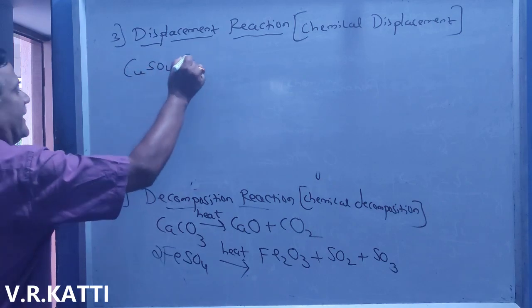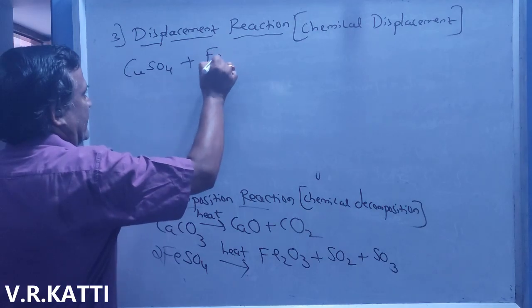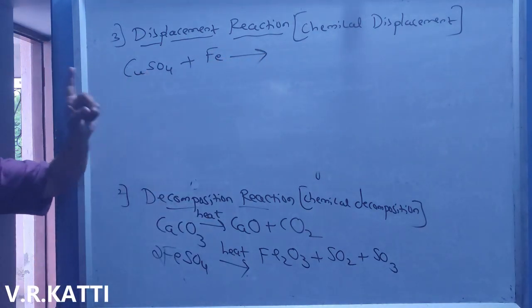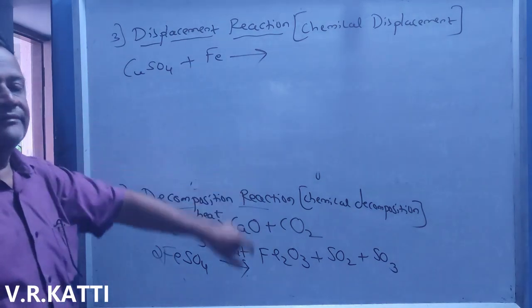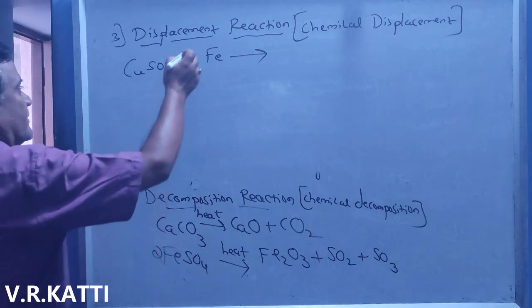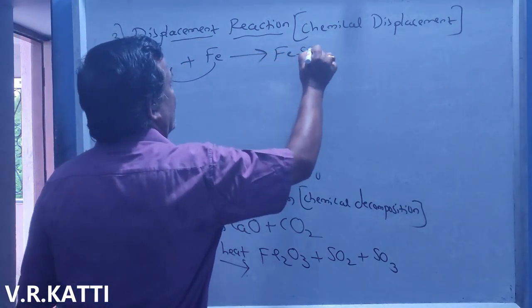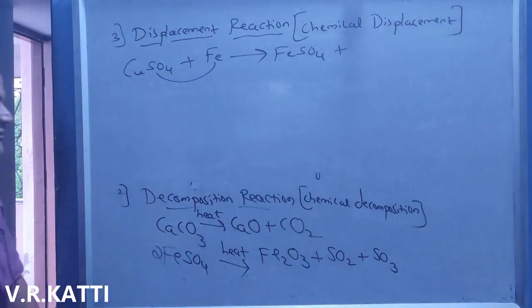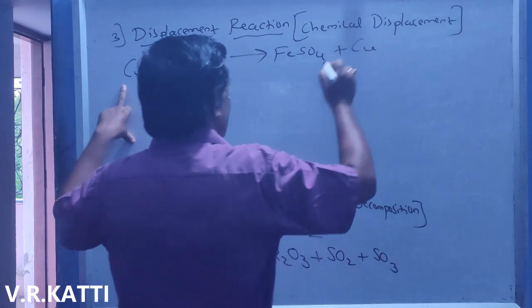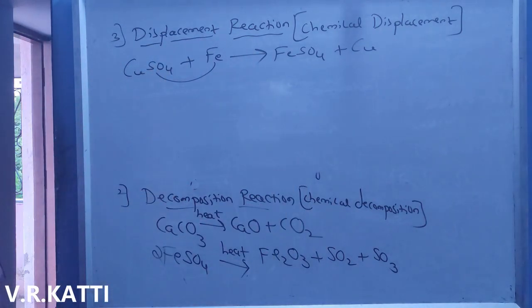Copper sulfate plus iron. Copper sulfate CuSO4 plus iron is Fe. So it forms FeSO4 plus copper.